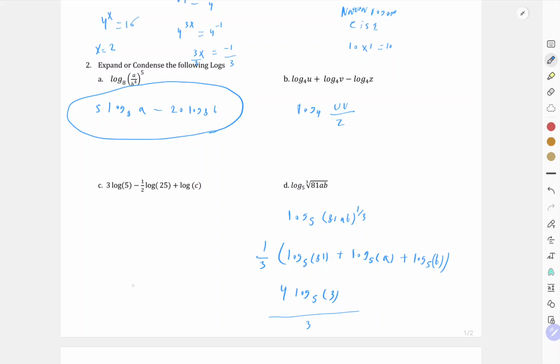Okay, let me try this. 4 log 5 3. What does that give me? Oh wait, that is change of base. So it'd be the change of base version of log 81 over log 5.